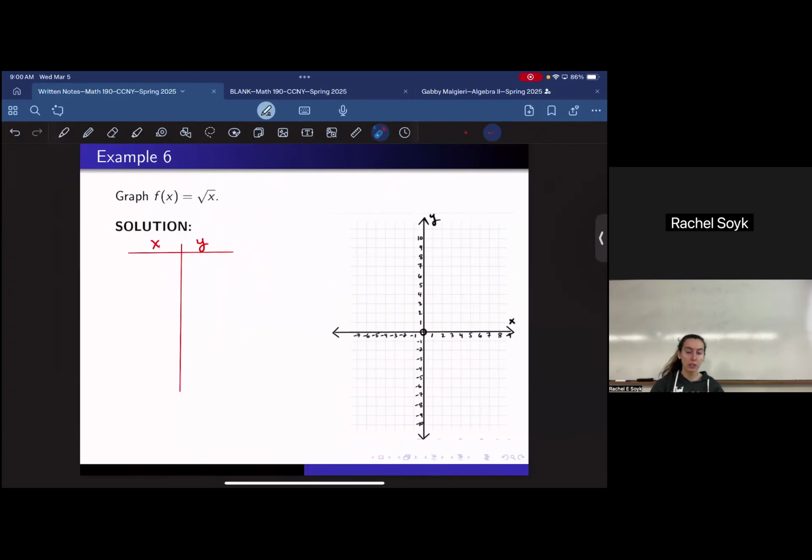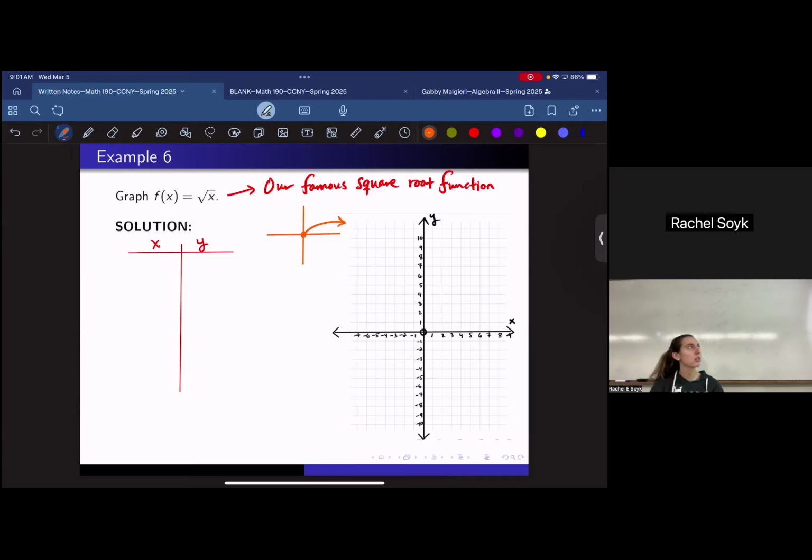Ooh, now we're looking at roots. This is our famous square root function. Again, I'll show you what this looks like in a sketch.